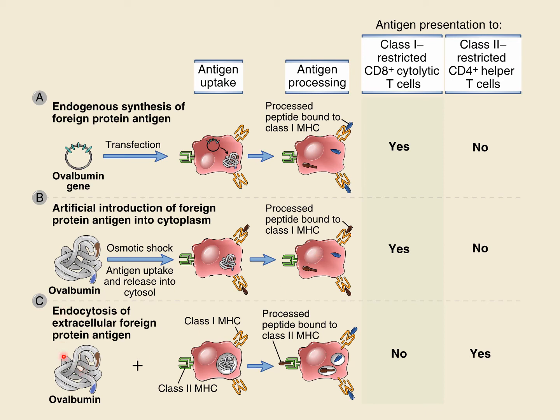In the third case, if there is endocytosis of extracellular foreign protein, then these proteins are extracellular in origin, so they will be taken up by the antigen presenting cell, degraded, and displayed by class 2 molecule, as class 2 molecules only interact with the CD4 T cells or the T helper cells. So in this case, a T helper effector response will be generated, and cytotoxic T cells will not be activated.